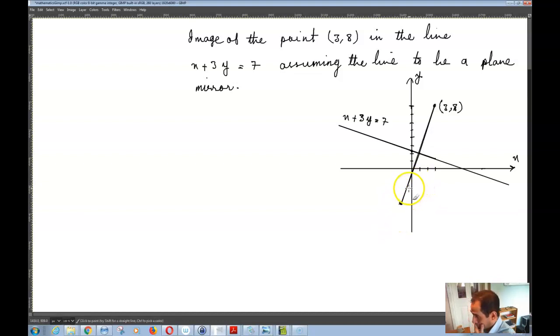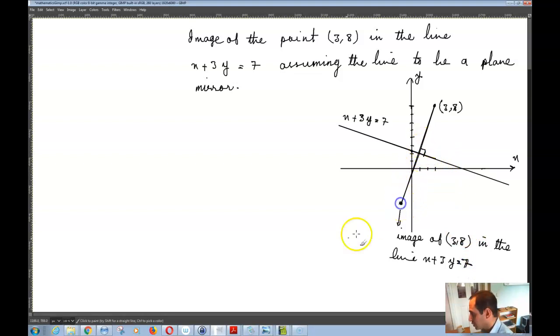So this angle is 90 degrees, and this point is the image of (3, 8) in the line x plus 3y is equal to 7. You want to find this point over here.